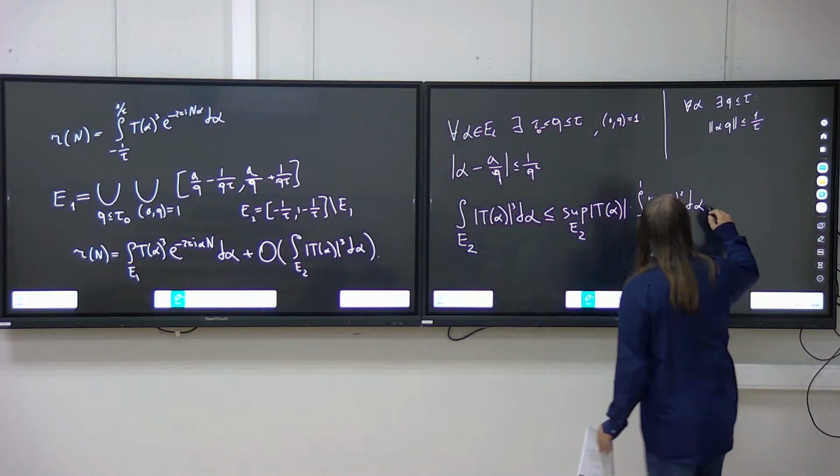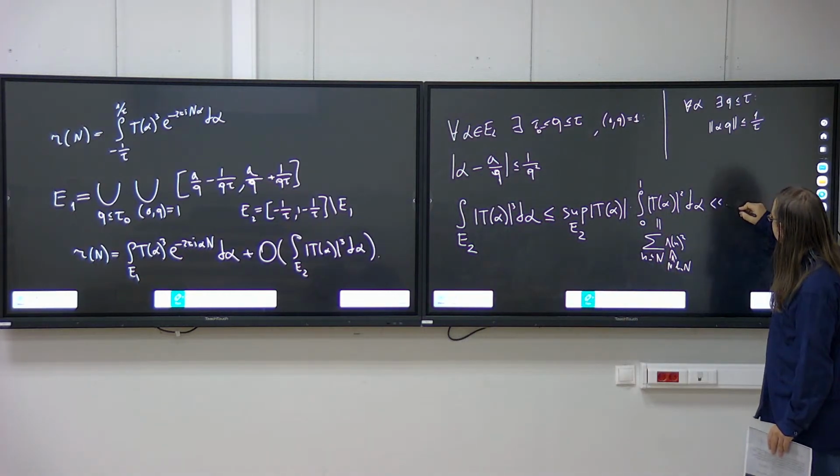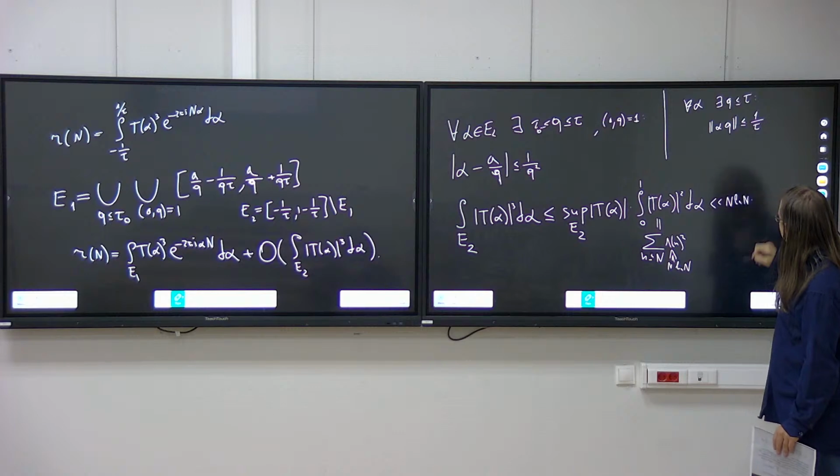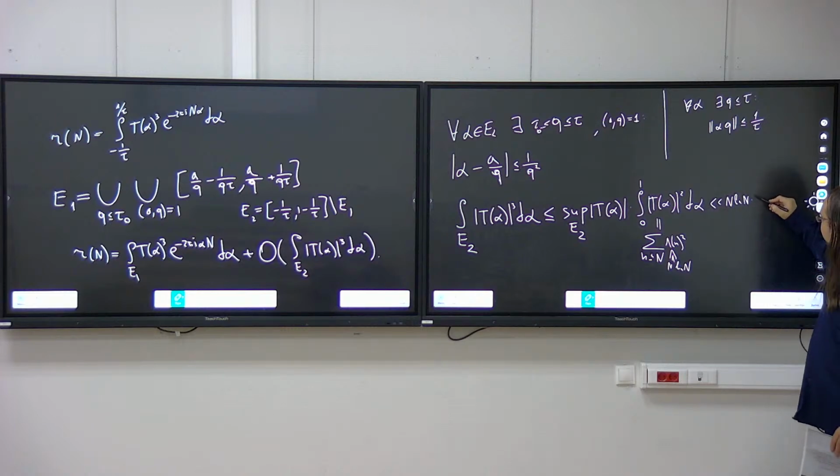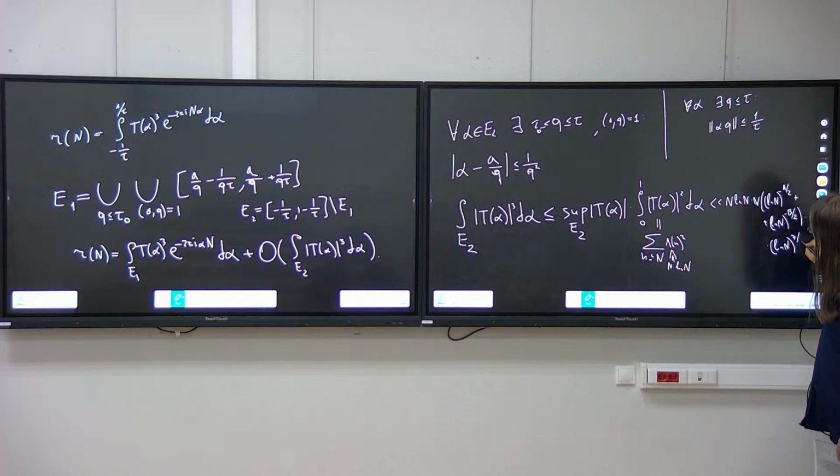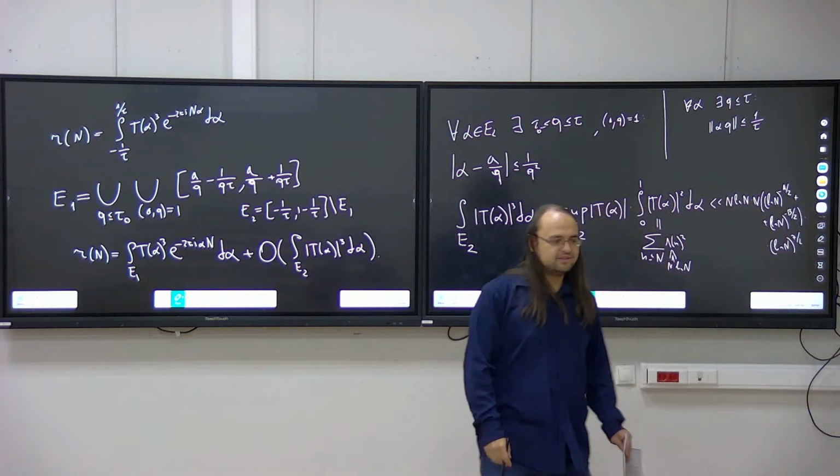So here we get N log N, and then we get N, and then we get logarithm N to the power minus half of a plus logarithm N to the power minus half of b times logarithm N to the power 7 halves.